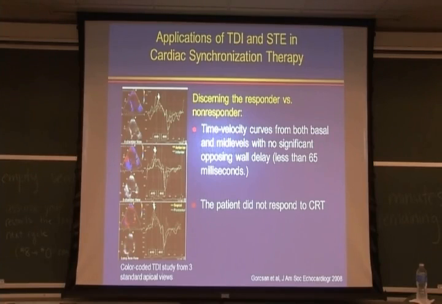There are about 20 to 25% non-responders even when you have mechanical dyssynchrony of more than 65 milliseconds, and it's difficult to know who is a responder if it is less than 65.